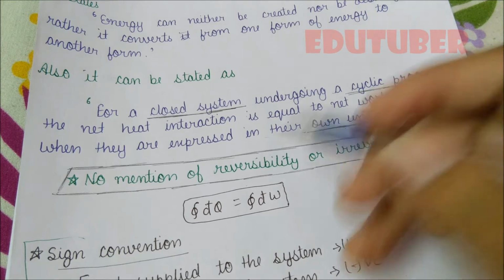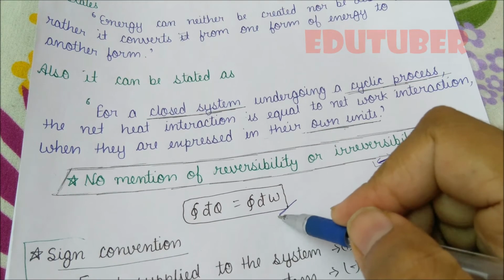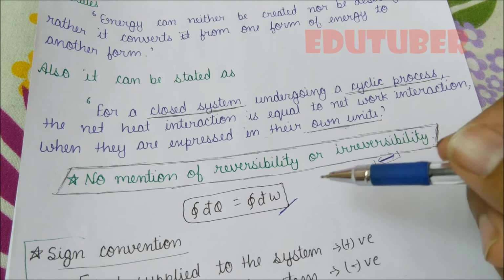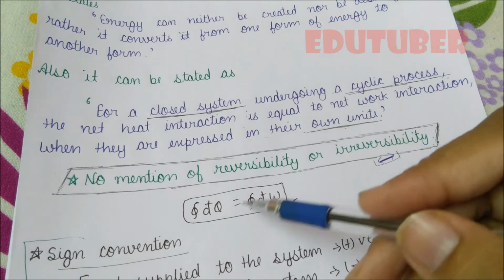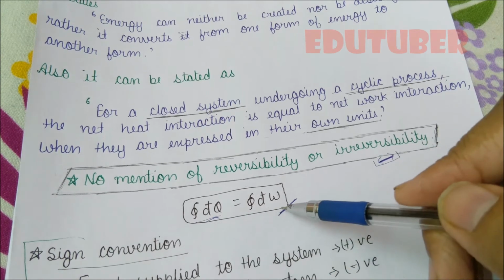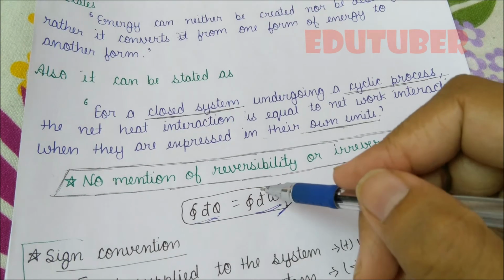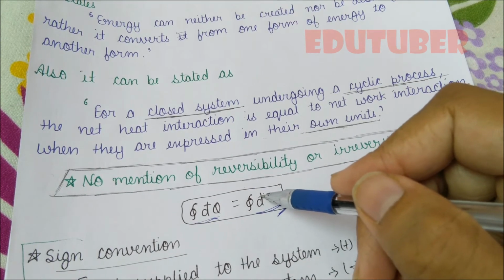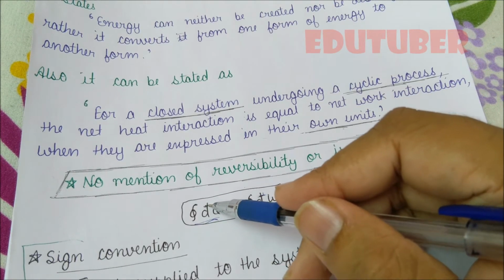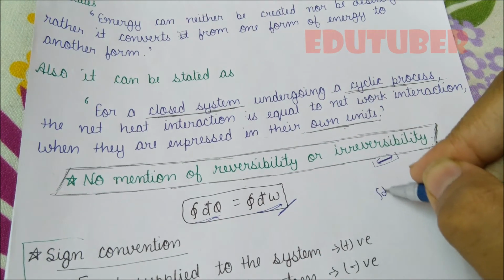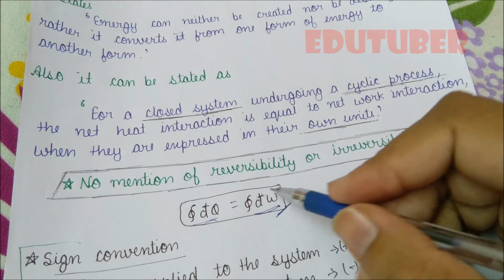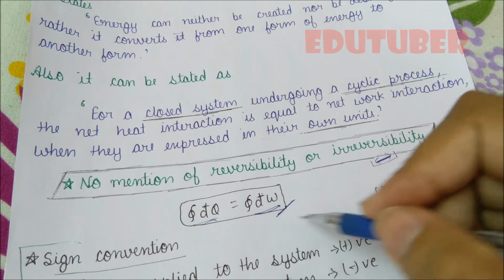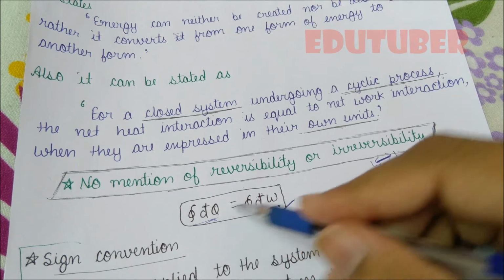So this is the mathematical form of the first law of thermodynamics. We are going to prove it in a second, but you must understand first that d bar q is the net heat interaction, d bar w is the net work interaction. Now why is this bar written over d? We generally write, for example, dT, dP. So why this d bar? This is because heat and work are path functions.